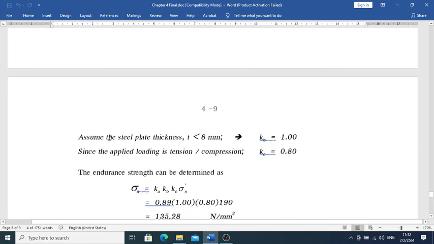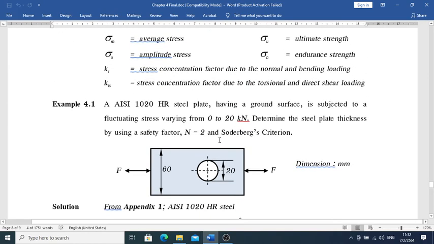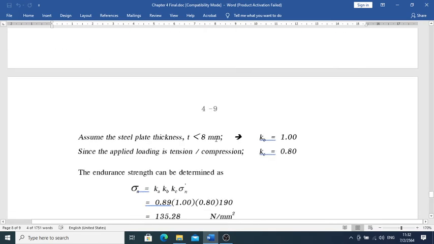So therefore, assume that the thickness is less than 8 millimeters. The reason is that typically a steel plate is thicker than 8 millimeters, which would be very thick already, so for reality I assume it is going to be less than 8 millimeters.